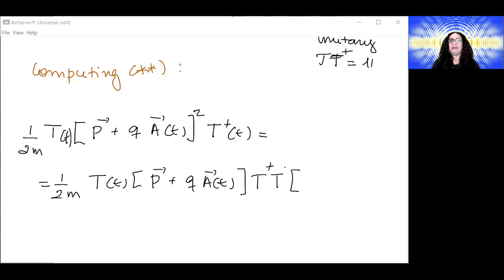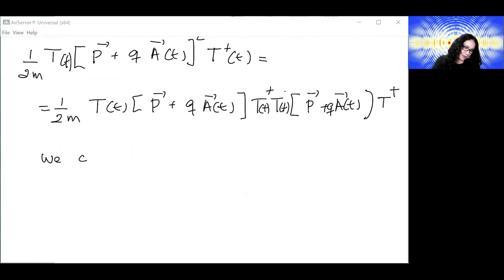I just don't want to carry it all around, but bear in mind that you do have T's here. Now look at how interesting. If you compute this, you are just going to have the square. You just have to be careful with the scalar product when you compute the square, but it's pretty much the square of this. So I have to compute this once, and this is my task.